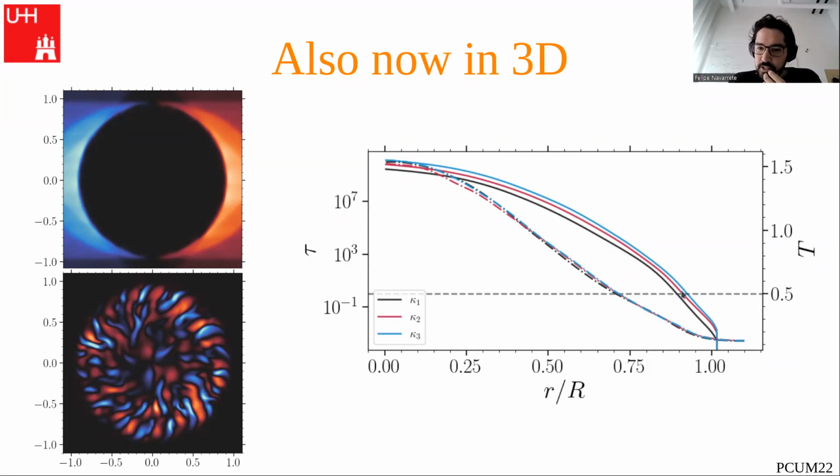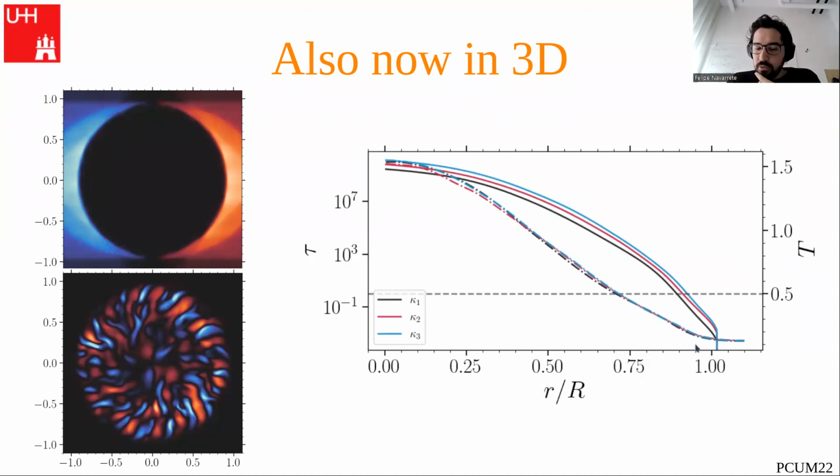This line shows the transition from optically thick to optically thin. These stars become optically thin around 0.9 or so, and there is also some tendency to develop isothermal layers in the outer regions.